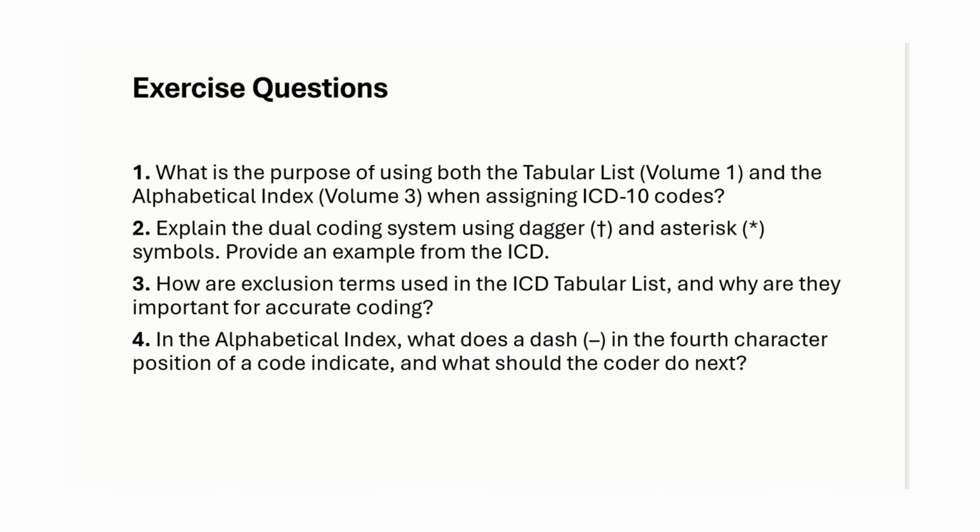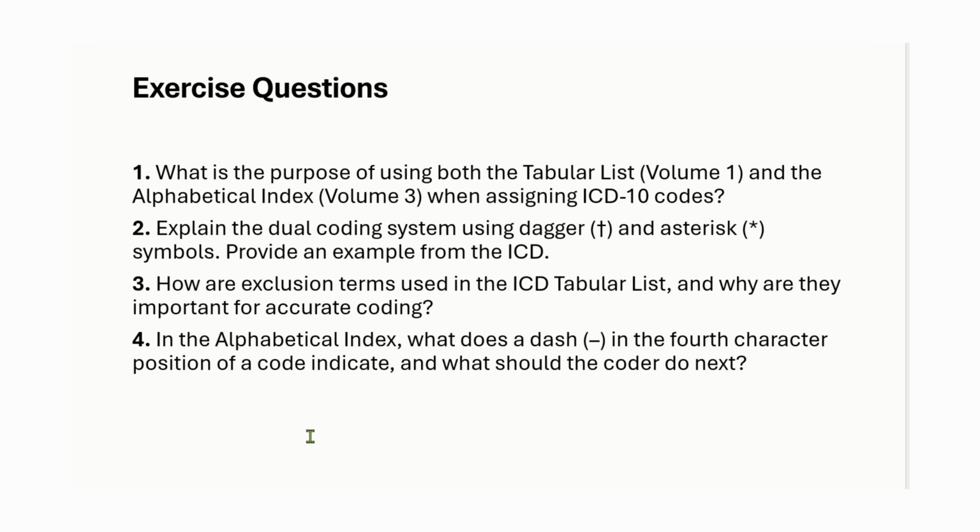Now, if I can talk about the exercise questions, there were 4 questions. The first one was on the purpose of using the tabular list and the alphabetical index. Question 2: we wanted you to explain the dual coding system and provide an example. Question 3: how are exclusion terms used in the tabular list?